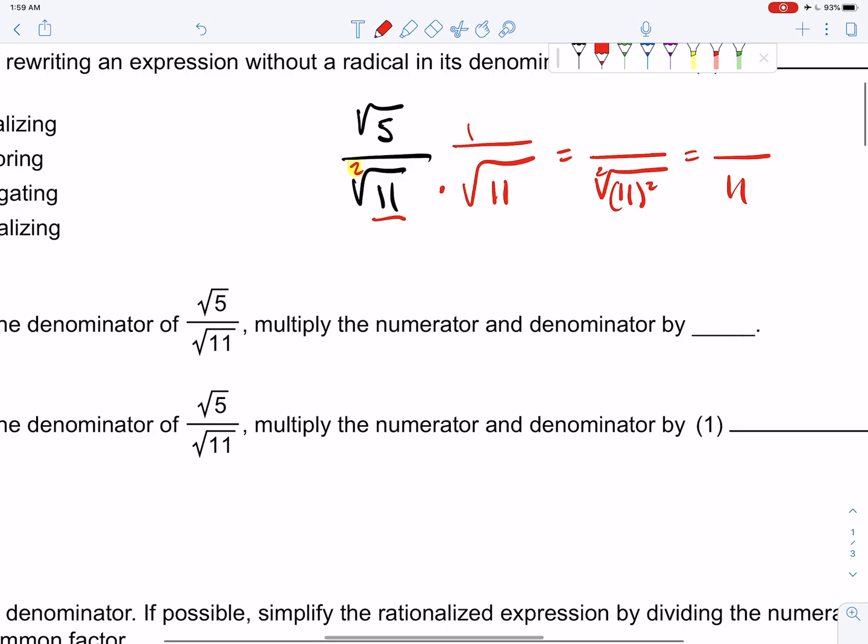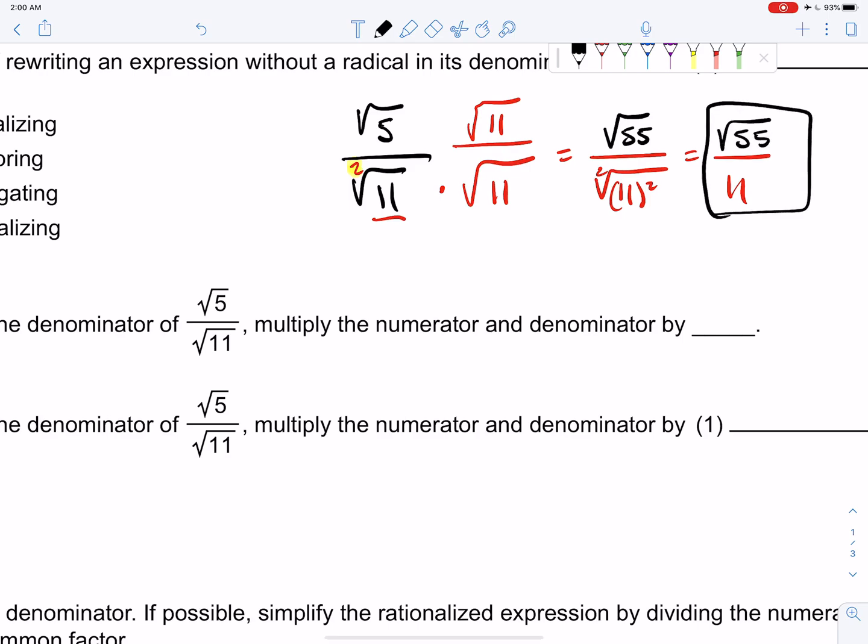If you multiply the denominator by a number like the square root of 11 and the numerator by that same number, the fraction is still equivalent to the original fraction. Now we're going to have the square root of 5 times 11, which is the square root of 55. They didn't actually ask us to do all this work on this one, but I'm showing you what it looks like when you rationalize the denominator, and, more importantly, the strategy.